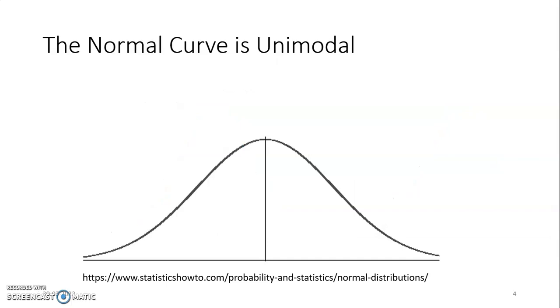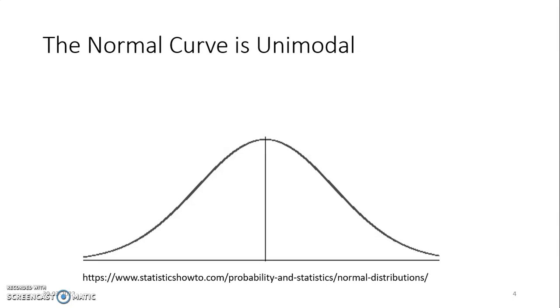Next we are going to see the normal curve is unimodal. It has a single mode only. This straight line right in between, at the y-axis, is the only one mode here. The normal curve has a bilateral symmetry, as we have seen in the previous slide. If you cut it in between, it has two equal halves. If you fold it along the axis, both sides will coincide with each other.